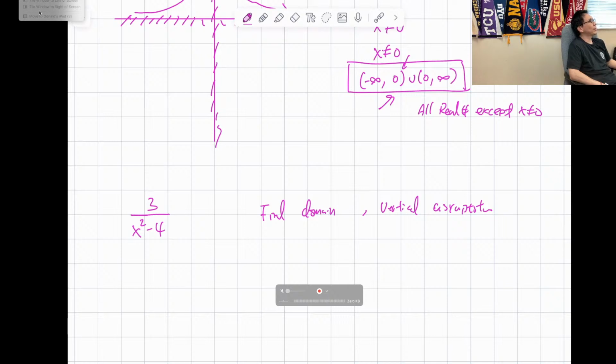How many of you found the domain already? Okay, now it's a little bit more. How many of you found the vertical asymptote already? Okay, actually more. Okay, let's ask Larissa.